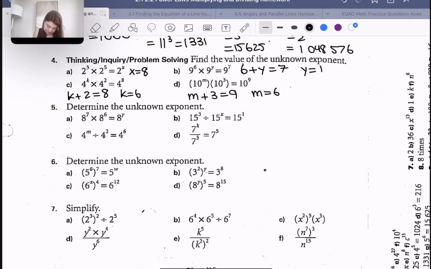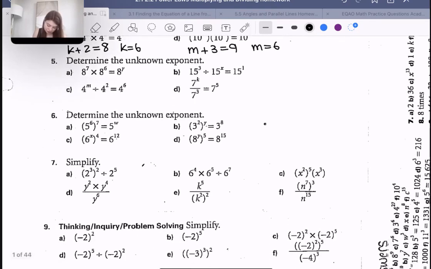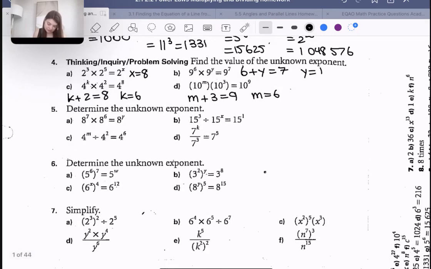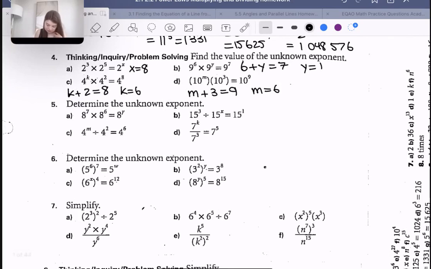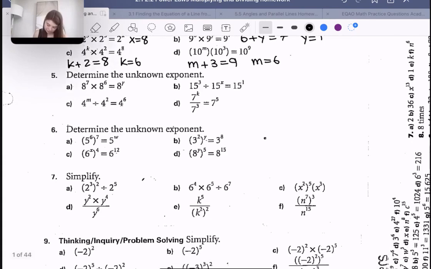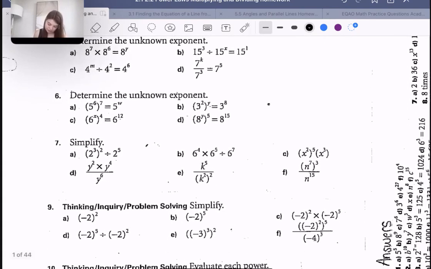Okay. All right. The next one says determine the unknown exponent. This is really the same as before, because determine the unknown exponent and find the value of the unknown exponent is really just a wording difference, it looks like. All right, so for this first one, we have to add 6 and 7 to get the exponent y. So that's going to be 13. For the second one, 3 minus x would have to give us 1.